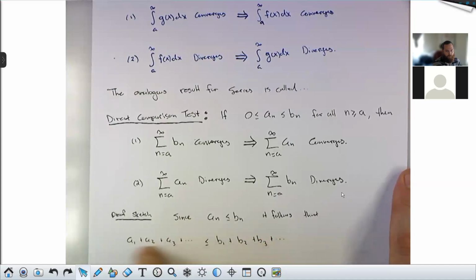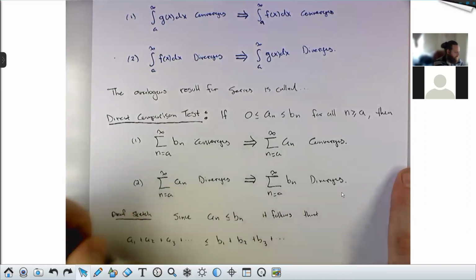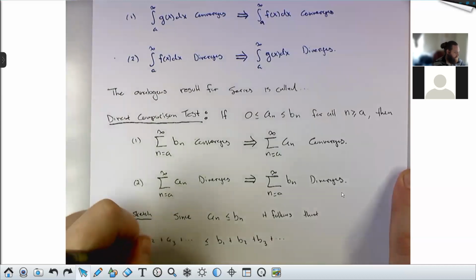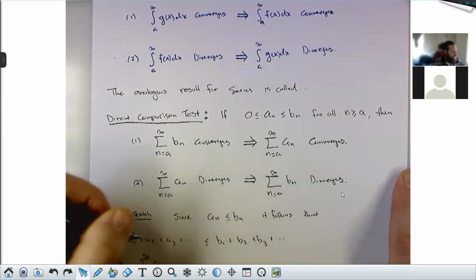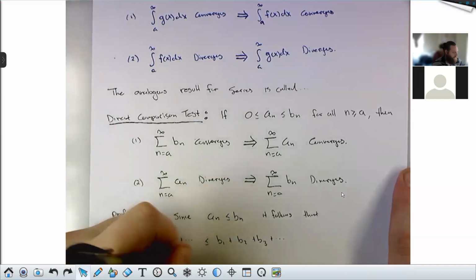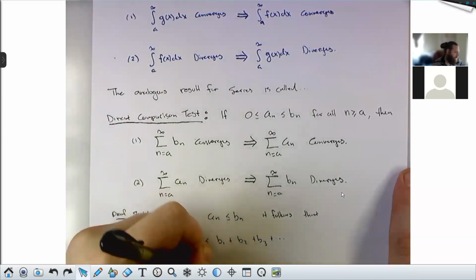Every term of the series over here is smaller than every term of the series over here, which means that the whole series here has to be smaller than the whole series here. And this thing on the left is sigma n from 1 to infinity of an. And the thing on the right is sigma n from 1 to infinity bn.